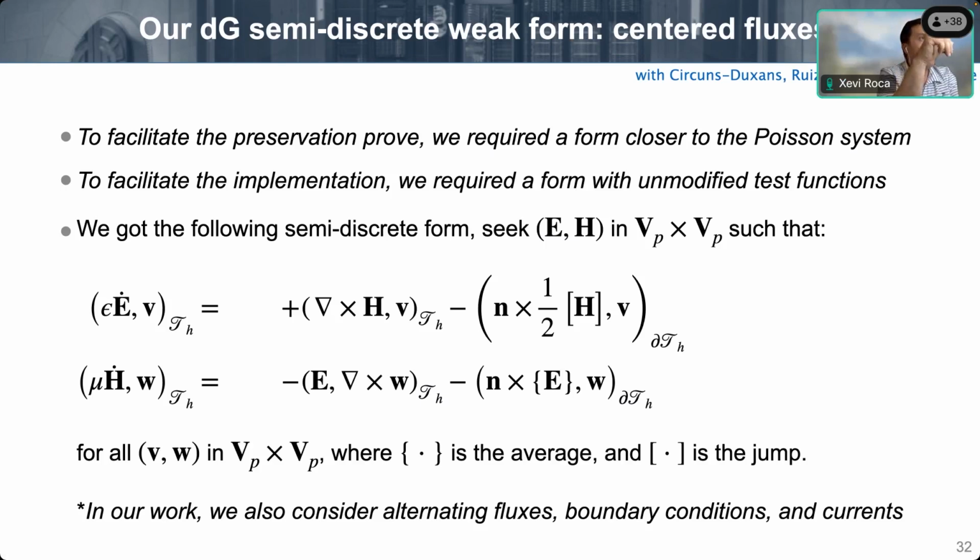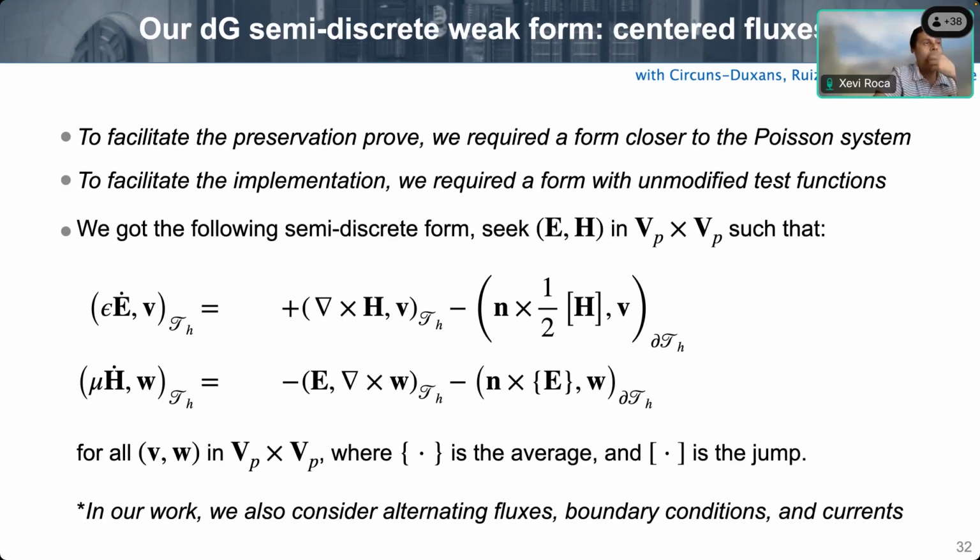semi-discrete form. For electric field E and magnetic field H in the broken polynomial spaces of degree P, we want to obtain a solution that fulfills this weak form for all the test functions B and W in the same spaces. Here, the curly braces are averages and the brackets are jumps.